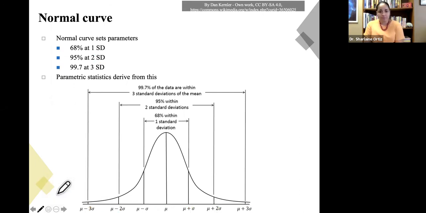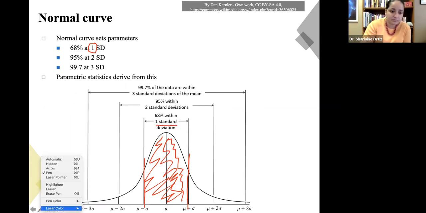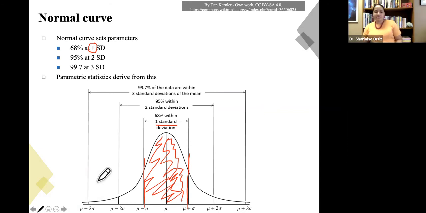With this information, if we look at this illustration, we can find out that within 1 standard deviation, so within these lines here, about 68% of the population will fall within this section. Now let's look at 2 standard deviations.